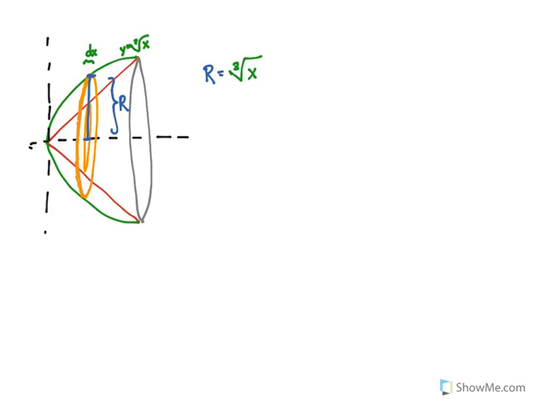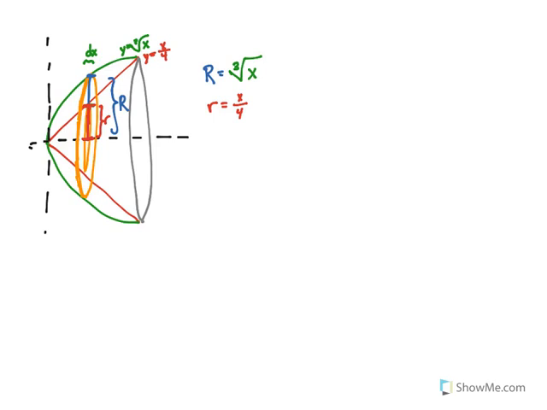The little radius, which we can think about from the x-axis to that red line, is going to be, well, this corresponds to the function x over 4. This will give us x over 4.